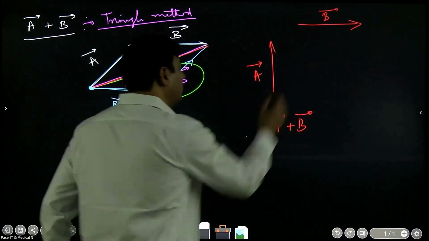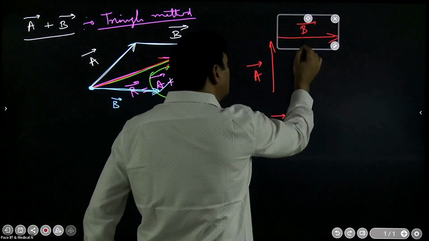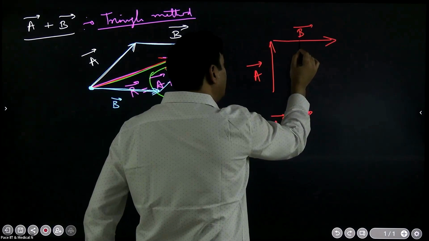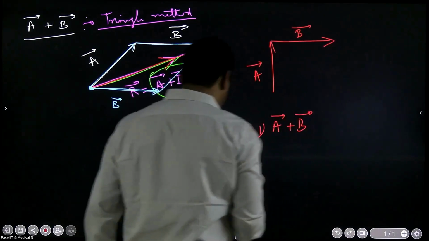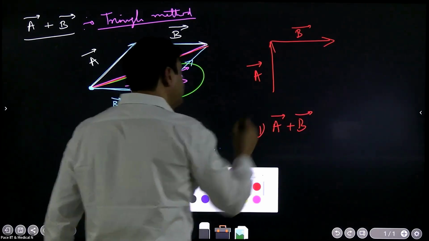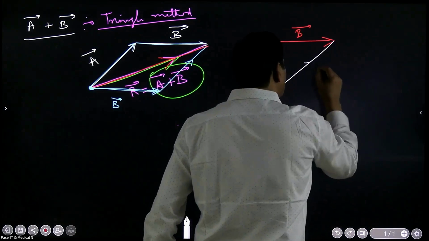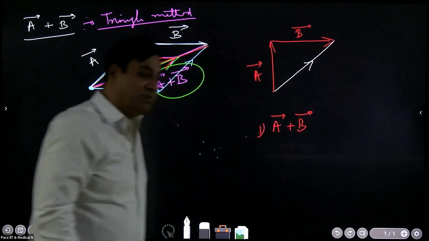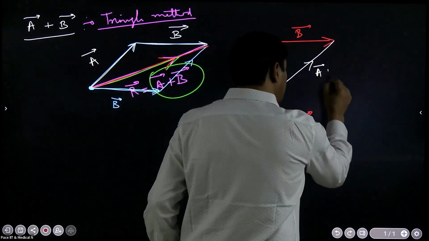Wait, क्या करूं? B को शिफ्ट करके कहां पे ले आऊं? एक के हेड पे दूसरे की टेल में. Now complete the triangle. How will you complete this triangle? Here. This is A plus B. ये क्लियर? ये सब बच्चों से हो गया था.